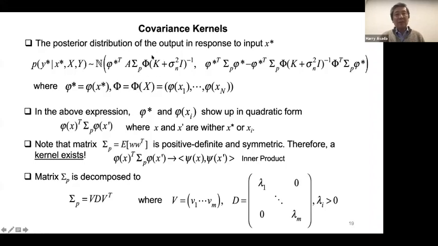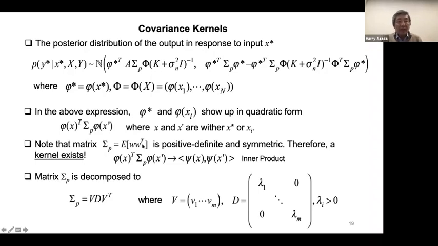So a bunch of quadratic forms are involved in here. And look at here too. This is actually a quadratic form, right? And here phi is here. So this part is a quadratic form, and this is a quadratic form, right? So all of these expressions show up in phi and phi xi in a quadratic form.